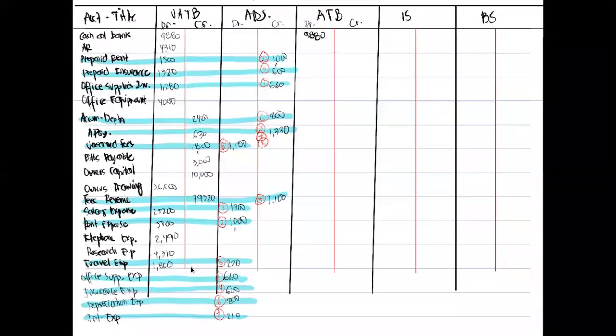AR, may adjustment ba? Wala. It's still 4,310. Prepaid rent, may adjustment ba? Yes. So if we have a debit of 1,500 and a credit of 1,000, how much is the remainder? 500. Prepaid insurance, you have a debit of 1,320 and a credit of 600. 1,320 less 600, we have 720.